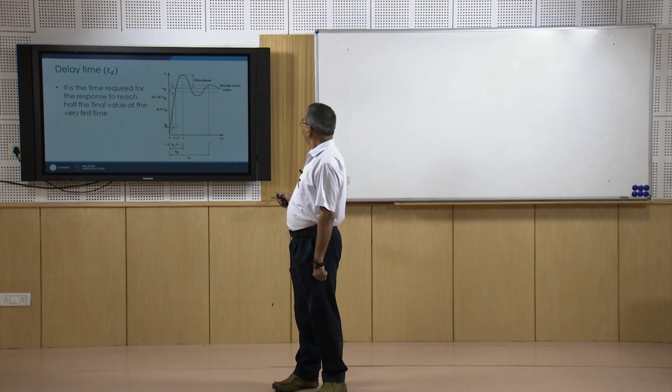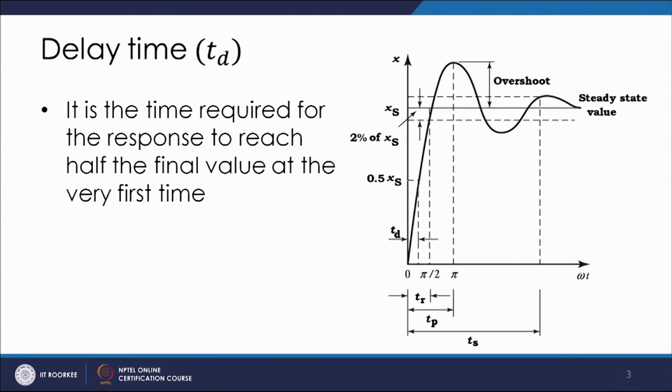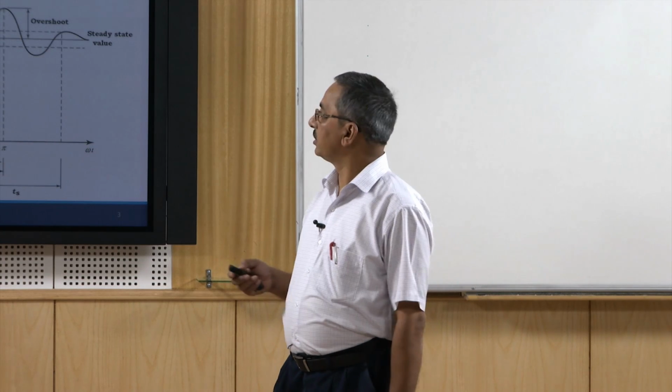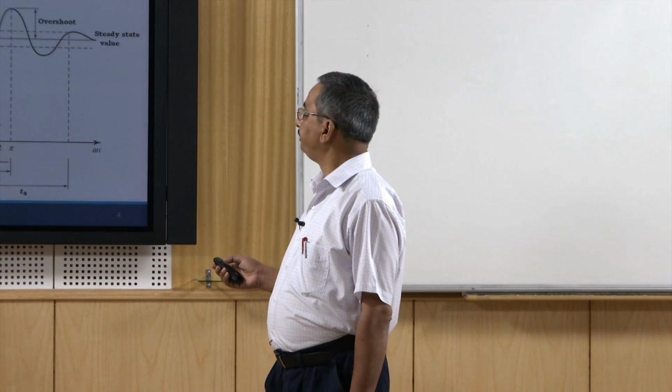So, if the steady state value of the system is xs, the delay time is the time required for the system to reach 0.5 times the steady state value the very first time. This is how we define the delay time.